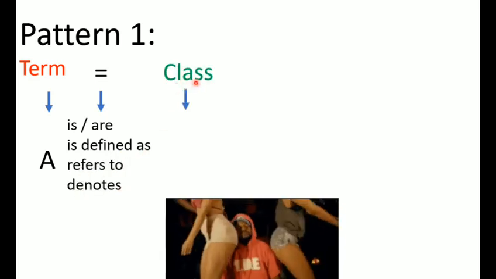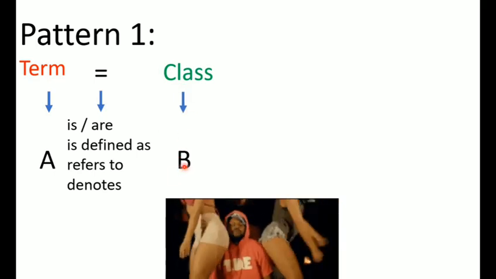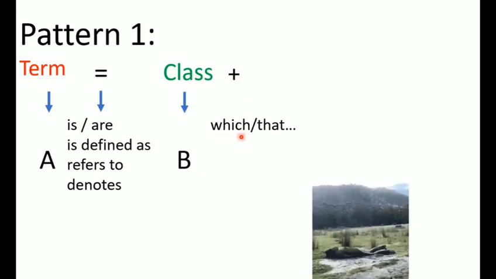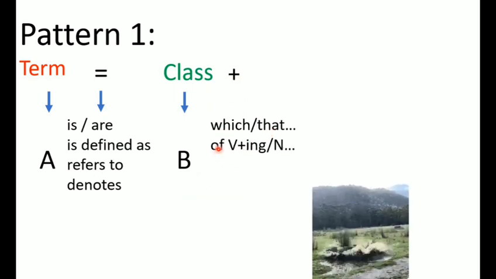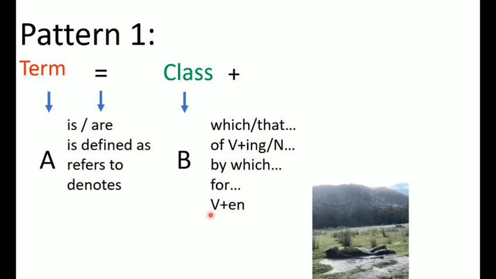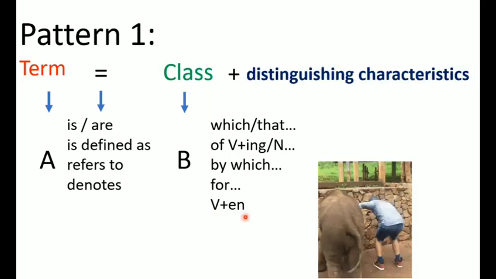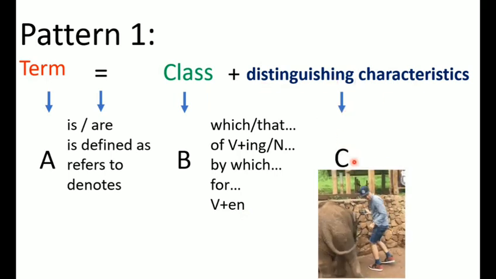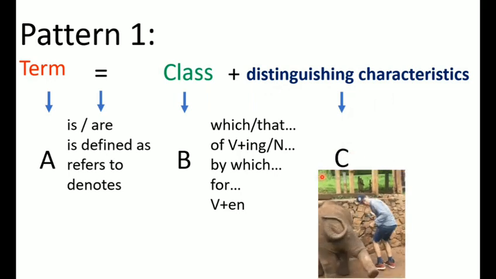While class here refers to the part B of the definition, plus which or that of verb plus ing or noun, by which, for, and verb plus en. This verb with en is our past participle. Now, distinguishing characteristics, this is the part C of the definition.